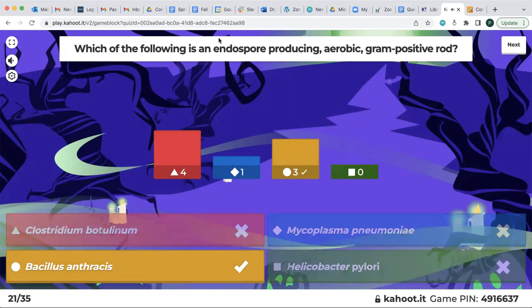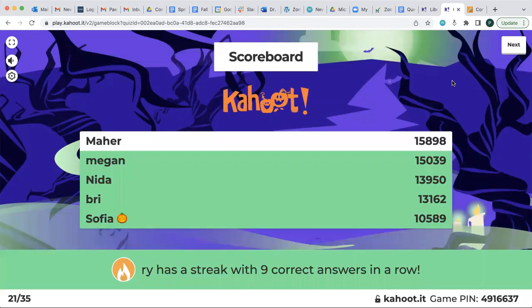So this is an example of one of those questions. It involves a fact about it: it produces endospores. It involves its oxygen requirement. It has its stain and it has its shape. Each of those four things about each bacteria are the important things to remember.